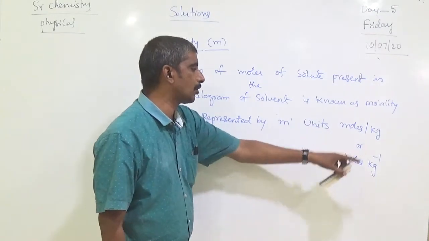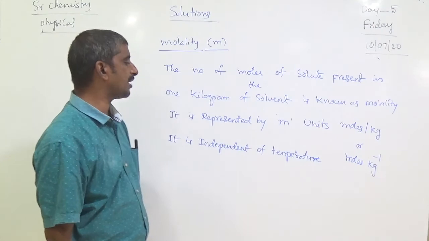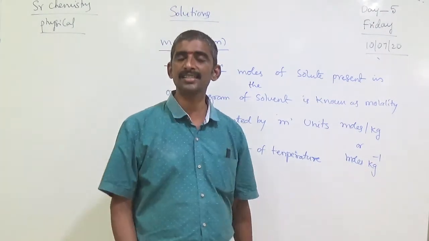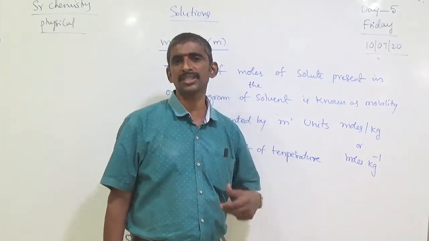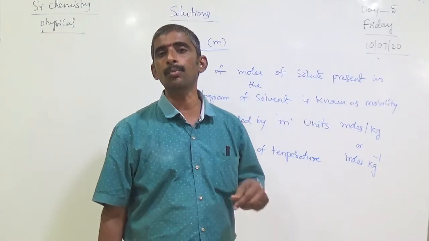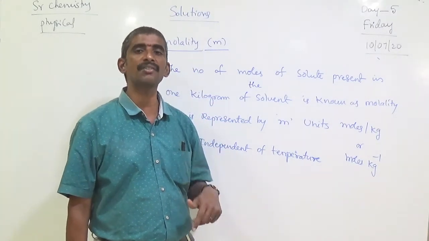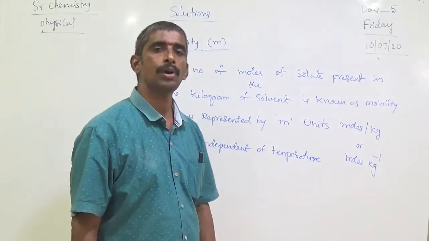Units are moles per kilogram or moles kilogram inverse. It is independent of temperature. Hence, it is the standard method for expression of concentration, while molarity is the convenient method. This is the molality concept.